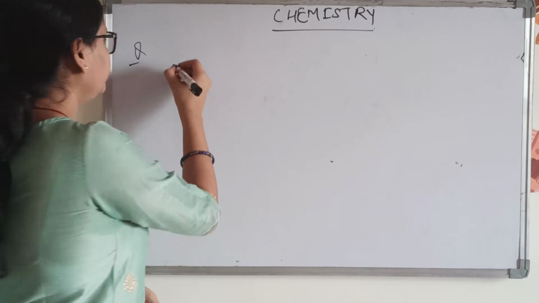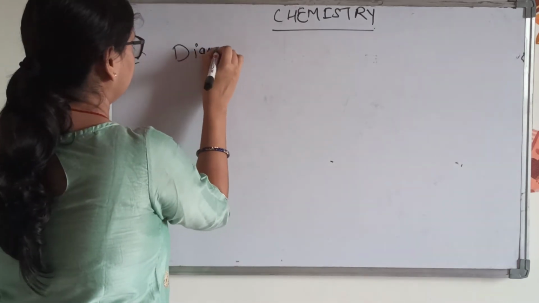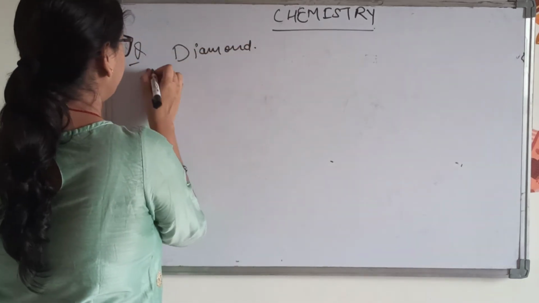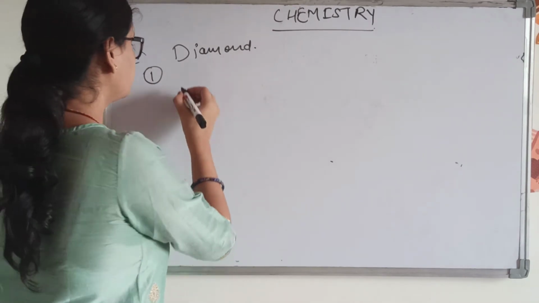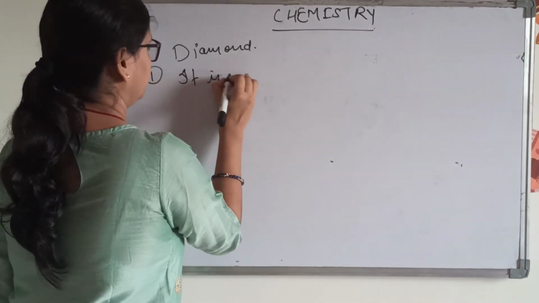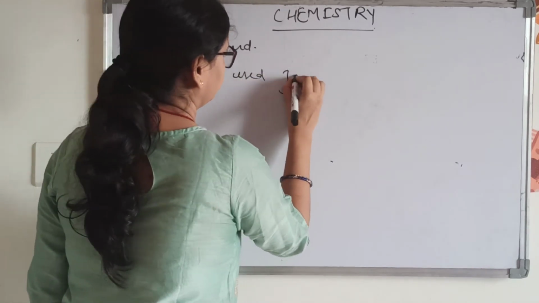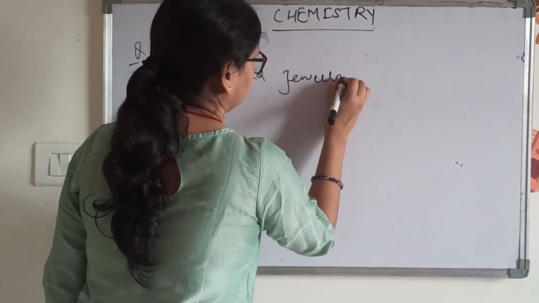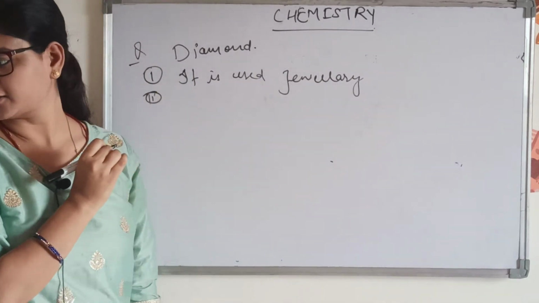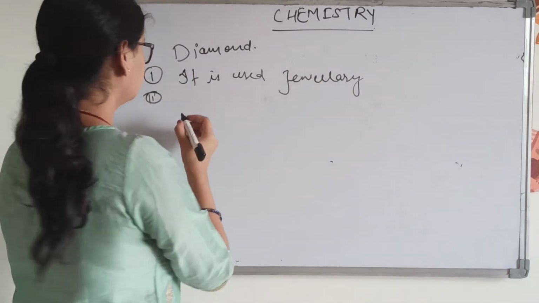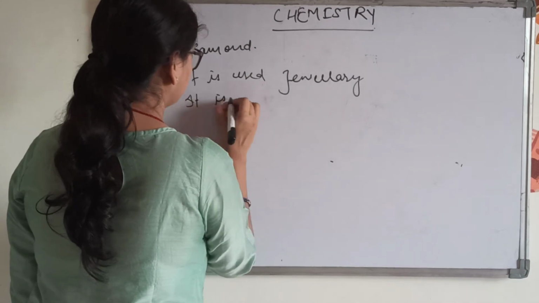Now for diamond, a few statements are given. The first statement is, it is used in jewelry. The second option is, it is a good conductor of electricity.